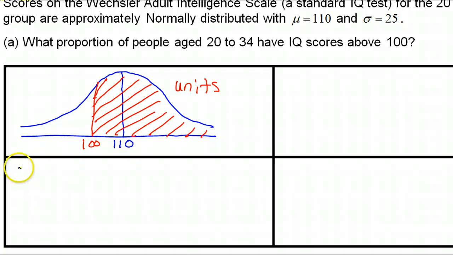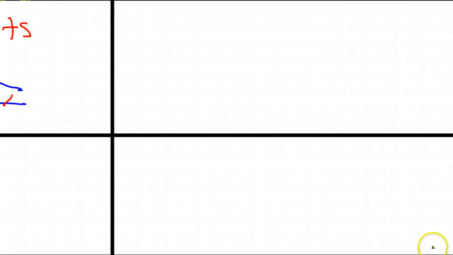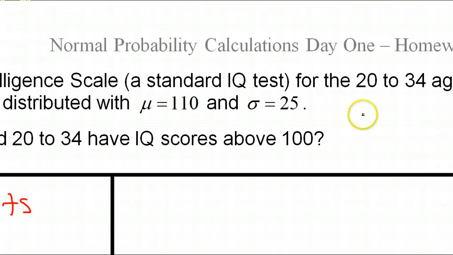Okay, so we'll have a z-score. For the z-score, we do 100 minus the mean divided by the standard deviation, which I believe we said was 25.